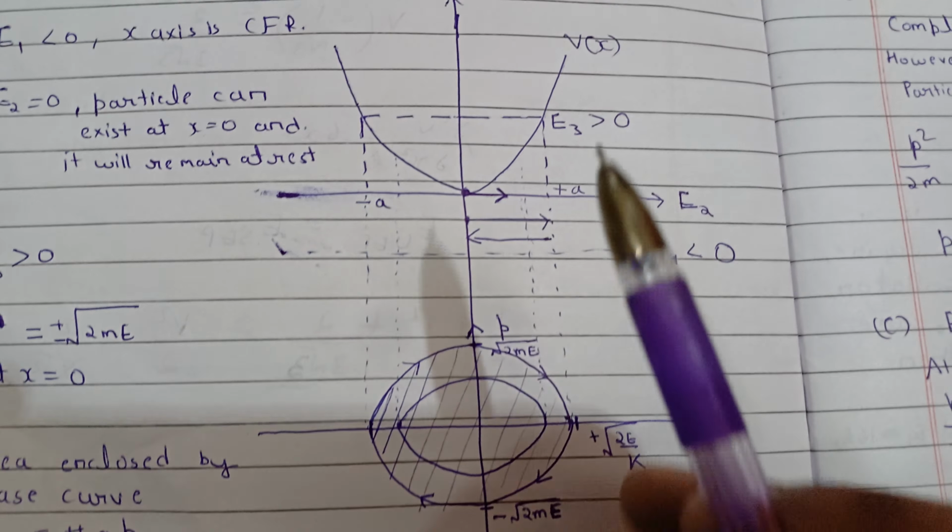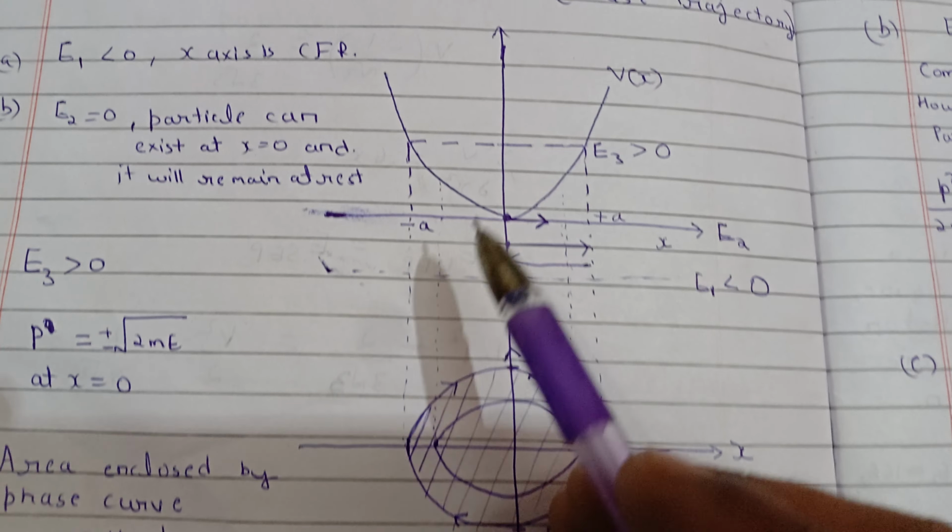Now potential energy is decreasing, so kinetic energy will increase and momentum will increase in the negative direction. Now at this point, when it is moving in this direction, it will have the maximum kinetic energy, and potential will be 0. So it will be minus root 2mE because it is in the negative direction.